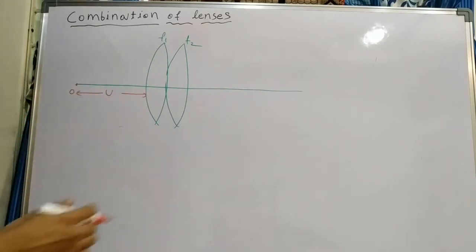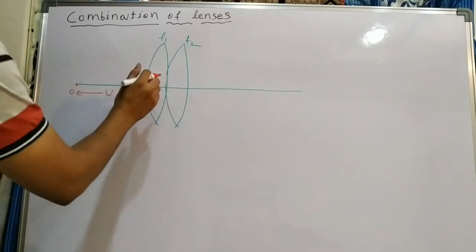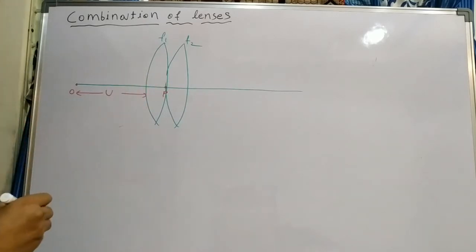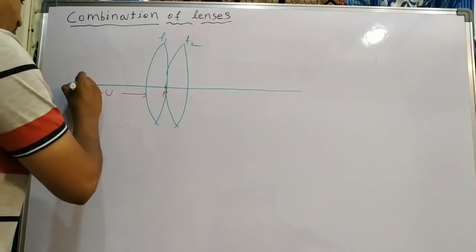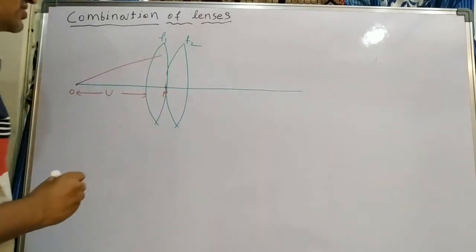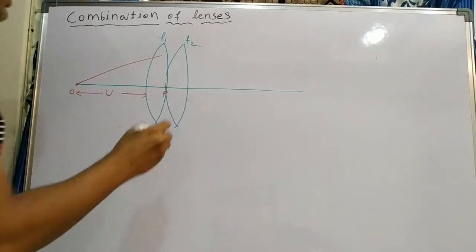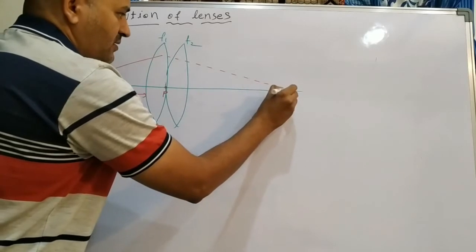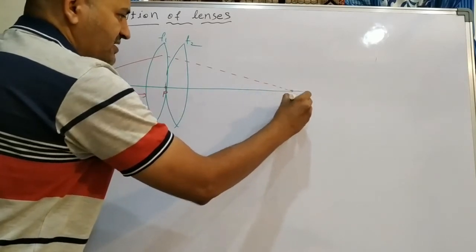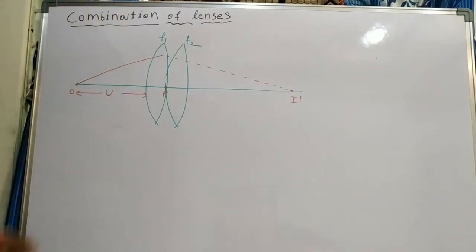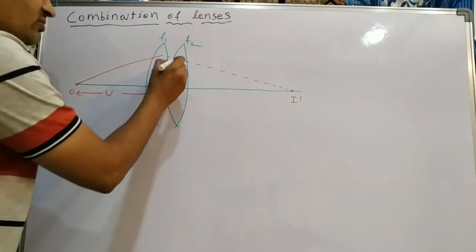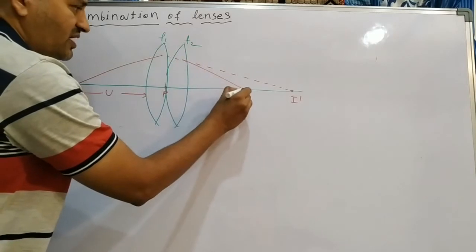Think that these two are thin lenses, so there is not much difference. Here is the optic center P. The ray enters the first lens and gets refracted. Because of refraction, it forms an image here, which you can take as I dash. But that refracted ray is again modified by the second lens, so it forms the final image here, I.